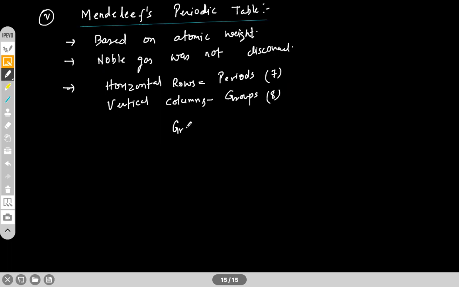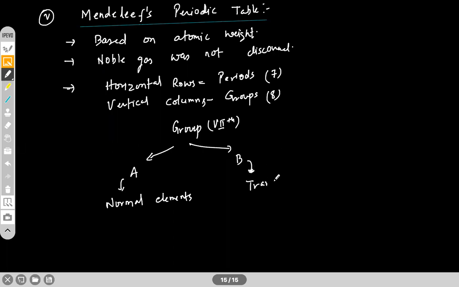One more thing: each group up to the 7th is classified into 2 subgroups, that is A and B. In subgroup A, the elements are called normal elements, and in subgroup B, these elements are called transition elements.